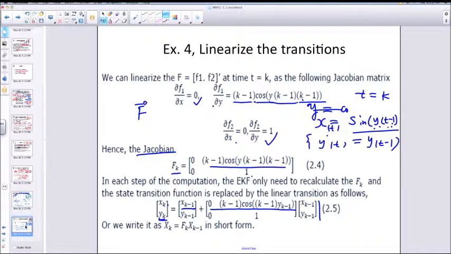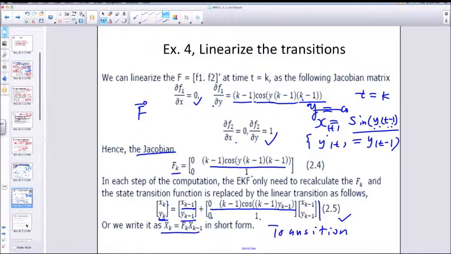The y at time k equals y at k minus 1, 0 times this plus k minus 1. That's not a change anyway. So that's the new relationship of the transition. What does transition mean? It means to transform the position. Okay? And the wave really just follows the wave line, that's not a change of frequency.